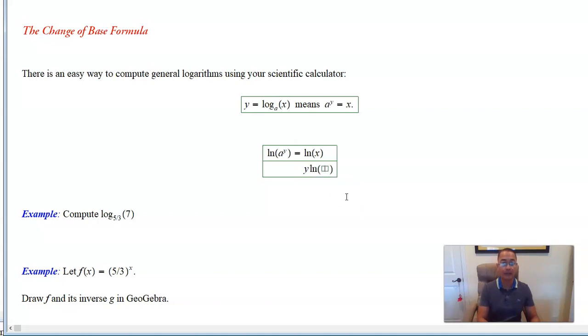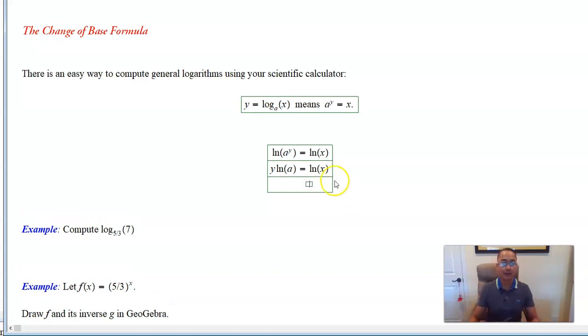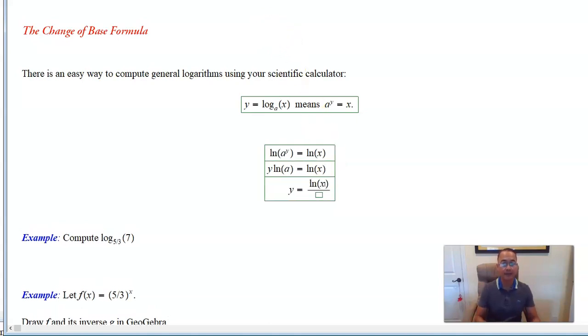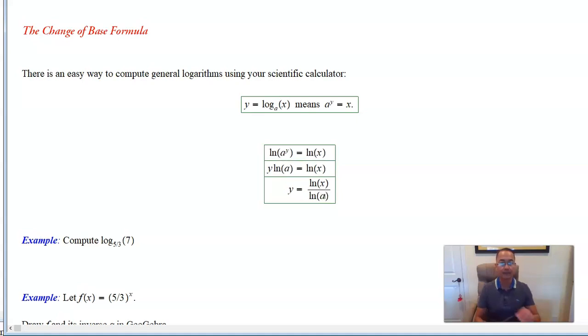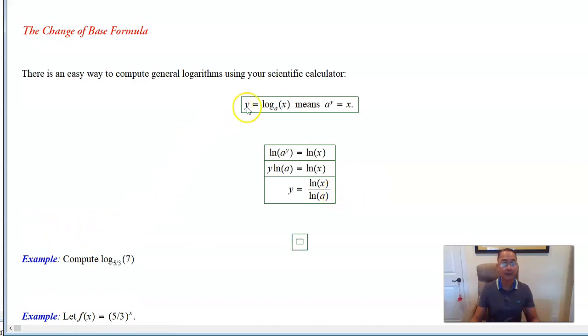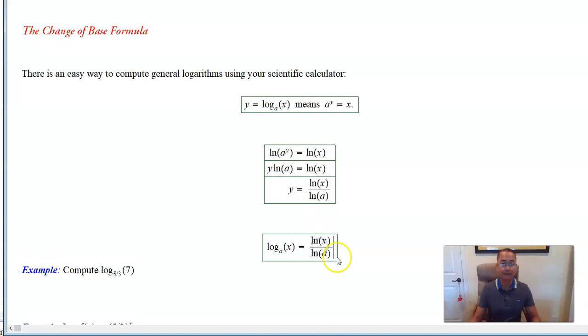We get y times ln of a equals ln of x. Okay, so now solving for y, we get y must be ln of x divided by ln of a. All right, so that is our log base a of x. Okay, so let's highlight that. Log base a of x is exactly the same as ln of x divided by ln of a.